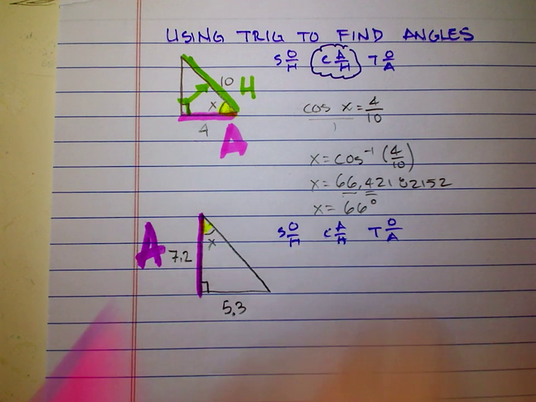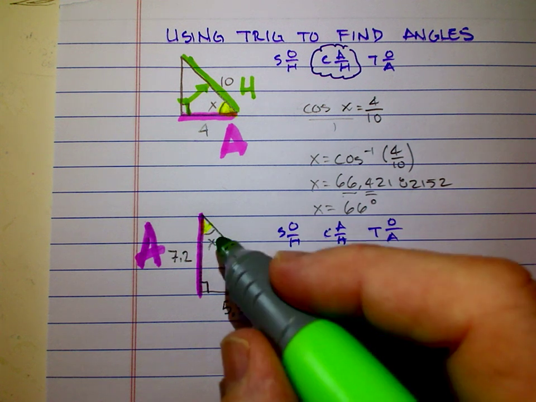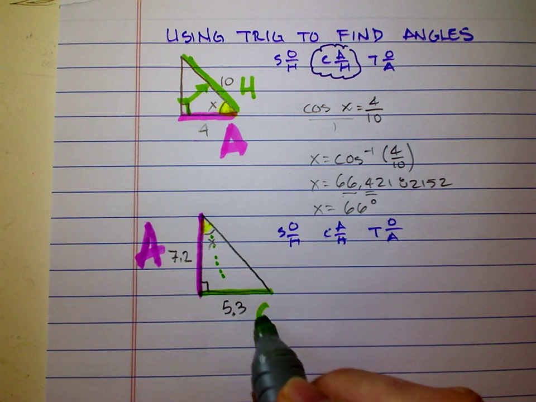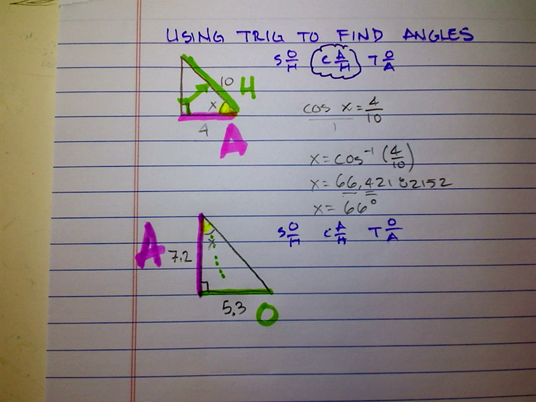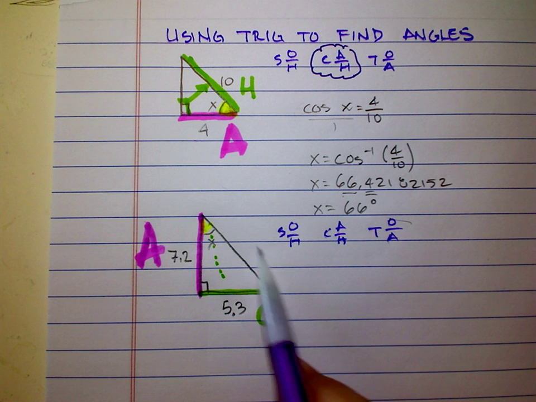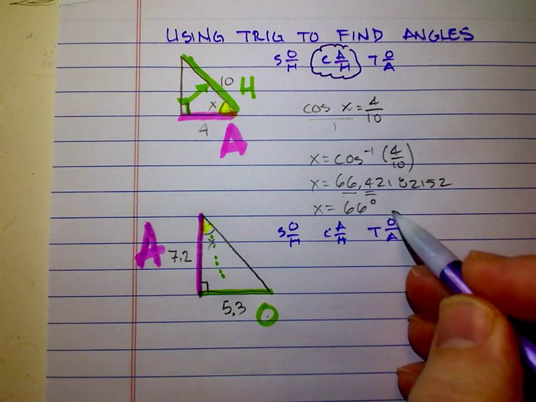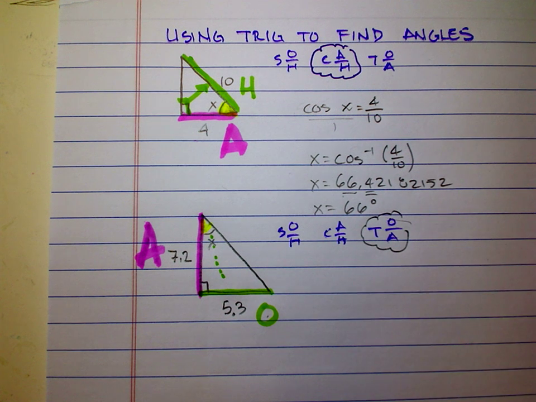In this case, it is 7.2, so that is our adjacent side. Directly across from our angle this time is the opposite side. 5.3 is opposite. Now I'm going to look at my ratios and look for which one has O and A in it. In this case, it is the tangent.